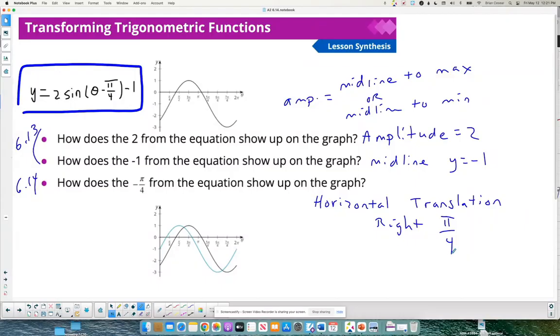You might look and be like, oh, it doesn't look like it went to the right pi over 4 because pi over 4 is right there. Remember, everything moved down, so your midline is down here at -1, so you can see that your sine curve definitely shifted down and right. So your original would have been somewhere like this. I moved down 1 and then right pi over 4, looks good. And my amplitude is obviously bigger as well.